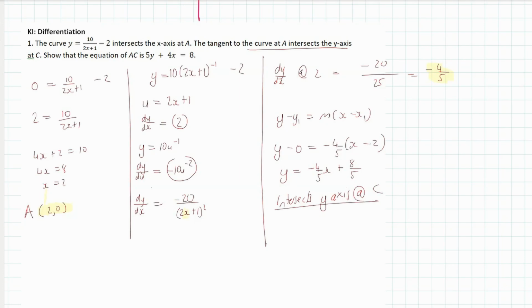If it intersects the y-axis, it's obviously this bit here. So 0, 8 over 5, because at the y-axis x is equal to 0.